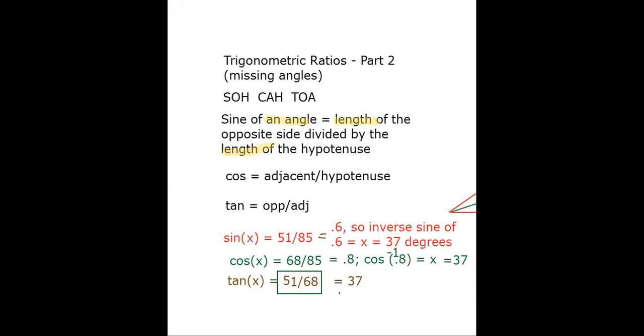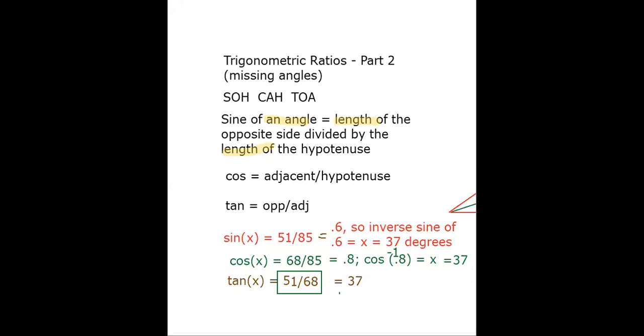Now, this worksheet that you are about to do is doing exactly this. You're not going to really be using sine, cosine, and tangent on this one, but more the inverse cosine, inverse tangent, and inverse sine, using the same ratio. It is up to you on the problems to figure out which one you need to use.